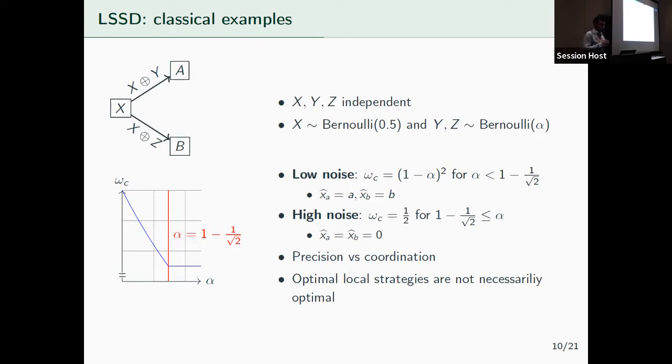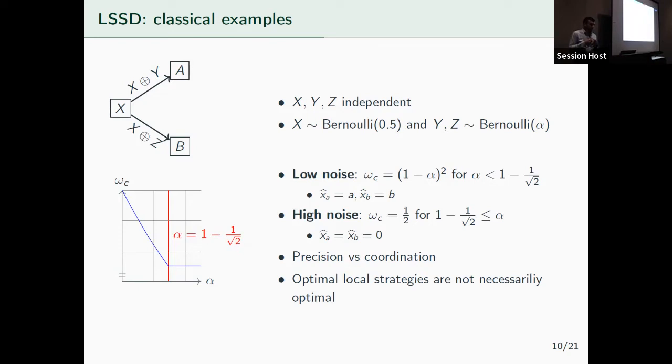In the first example, we have a classical bit X, and we send it to 2 parties, Alice and Bob, but the bit can independently get flipped with some probability alpha. Now, if you look at the classical value as a function of alpha, if alpha is small, then with high probability they get the correct bit, and it's good to output what they receive.